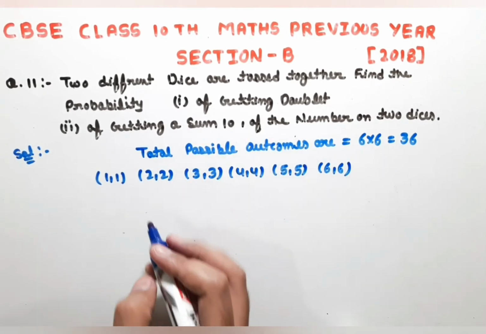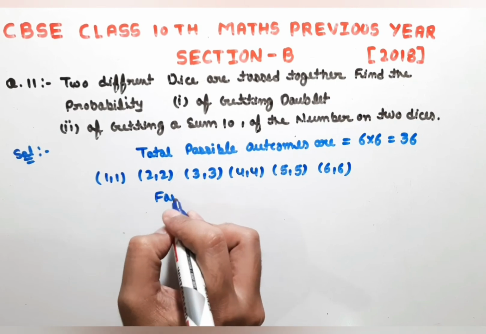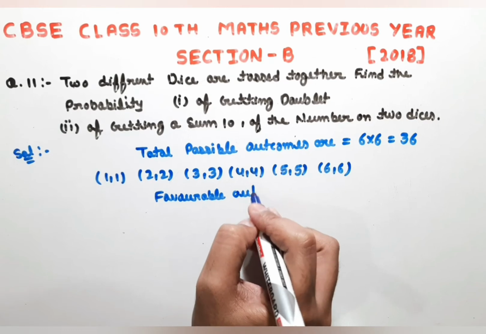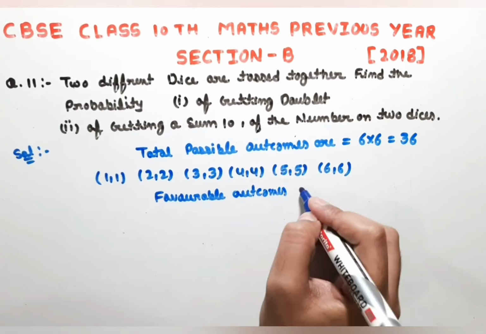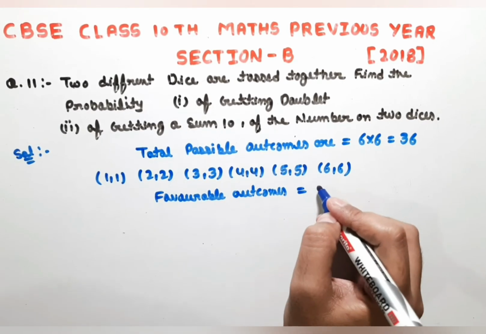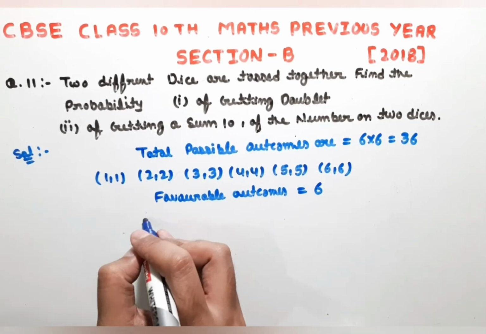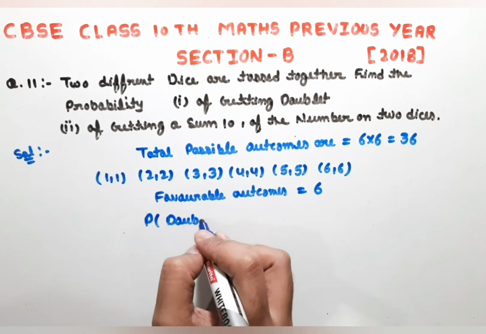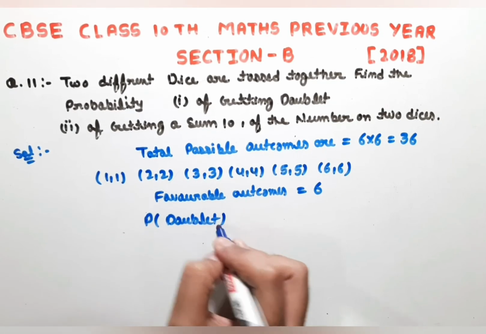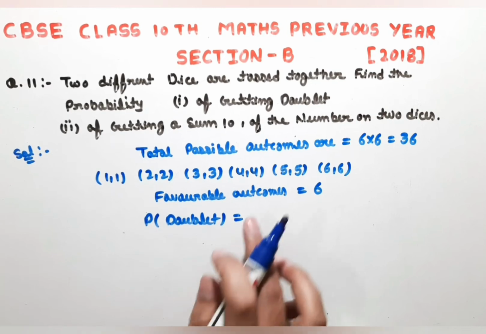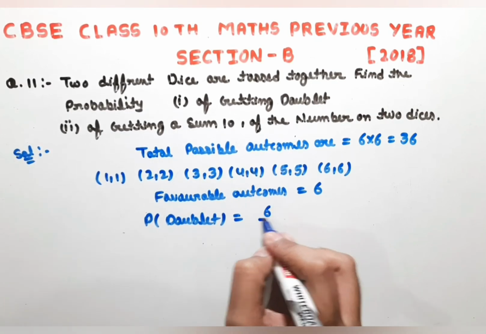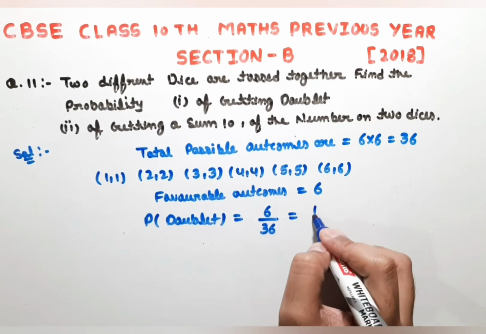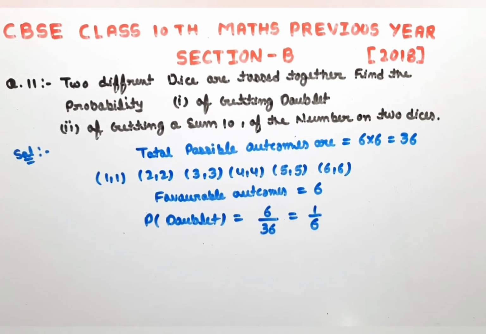So in the first case, our favorable outcomes are 6. So probability of getting a doublet will be favorable outcomes, that is 6, upon total possible outcomes, that is 36, which equals 1 upon 6.